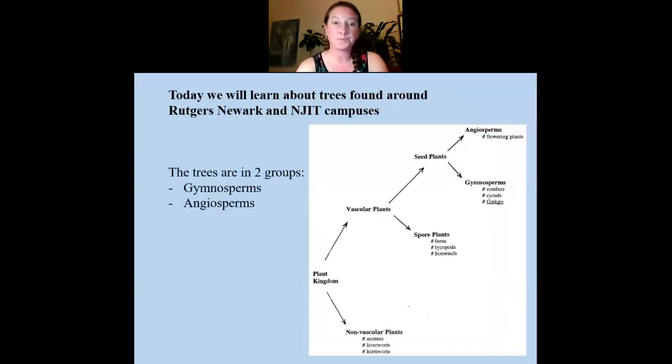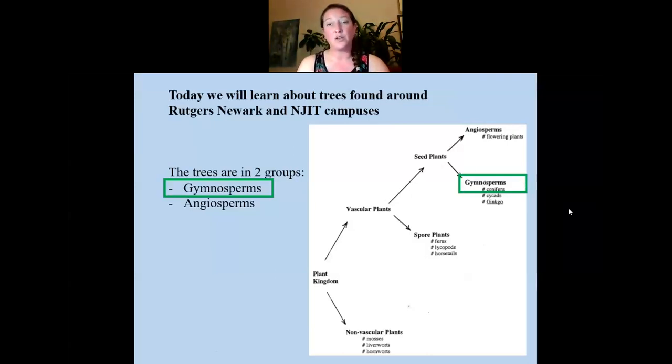Just to let you know, the plants that we're going to look at today that are found around campus are trees. Hopefully everyone knows what a tree is, right? A big plant. The trees that we're going to look at are in two of the groups that I talked about in the plant kingdom. The first is the gymnosperms, which I'll talk about in a second.